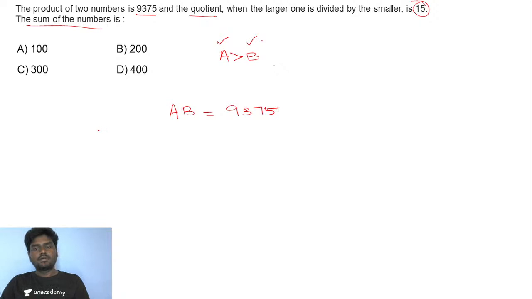And the question says, when the larger one is divided by the smaller, that is, when A is divided by B, you get 15.